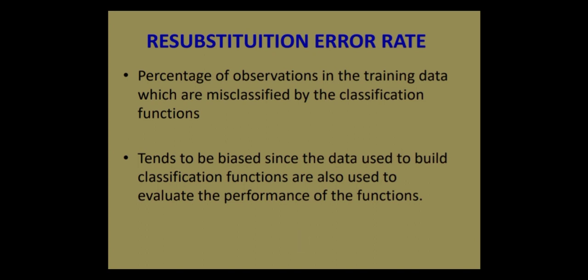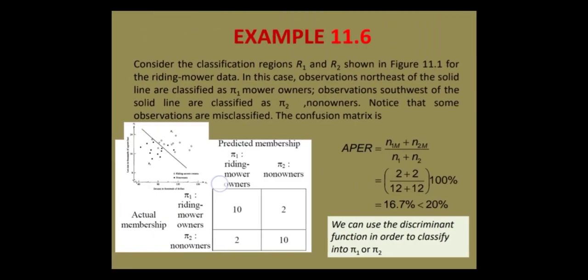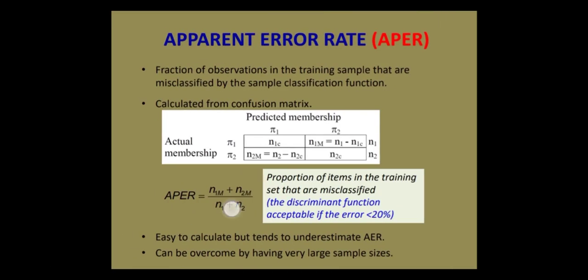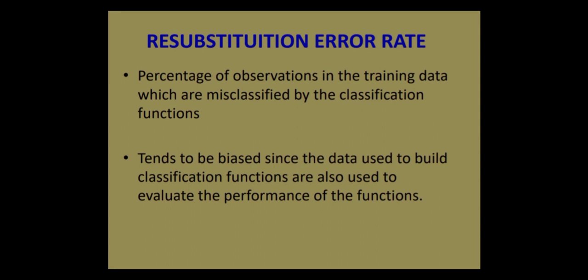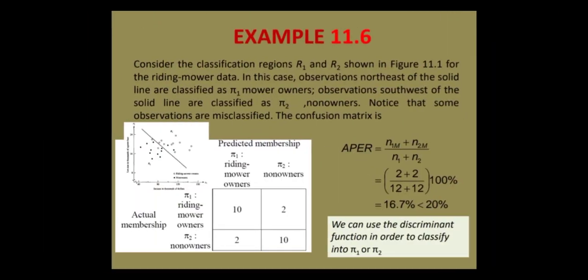So nak kira resubstitution error rate, sebenarnya kita gunakan the same formula of APER, apparent error rate. Cuma, dia punya konsep sahaja, pelaksanaannya sahaja yang berbeza.